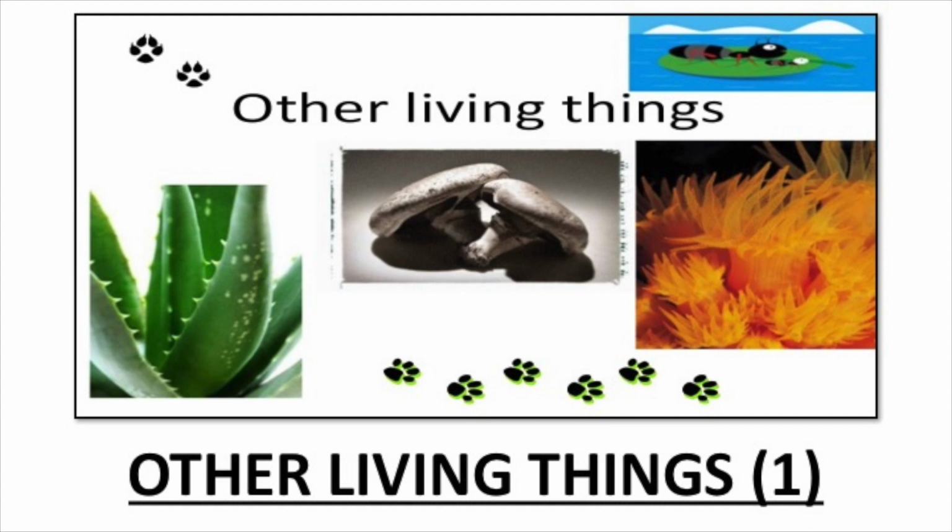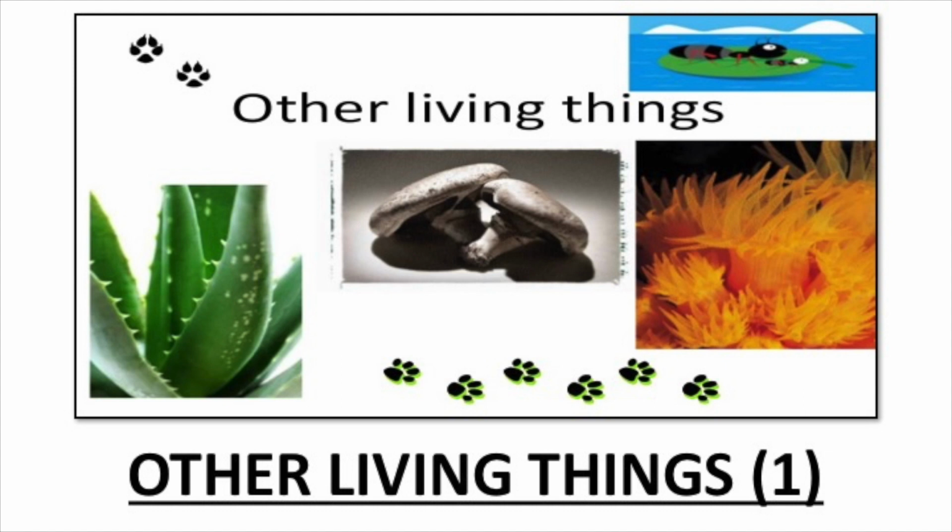Yes. Here we can see some pictures of living things. Here is an insect. This is part of the animal group. Here we have a plant, which is part of the plant group. But does anybody know what this is in the middle here? Mushroom, yes.